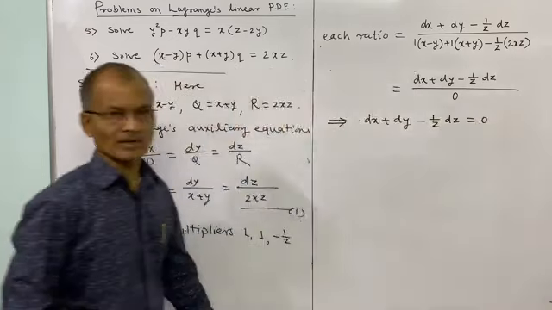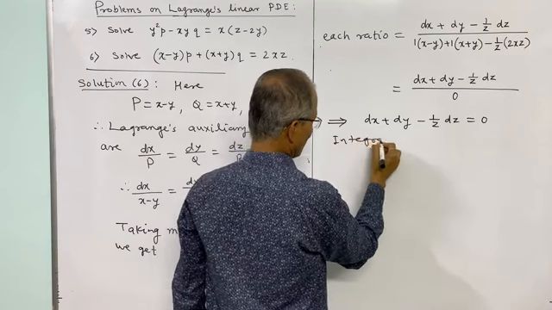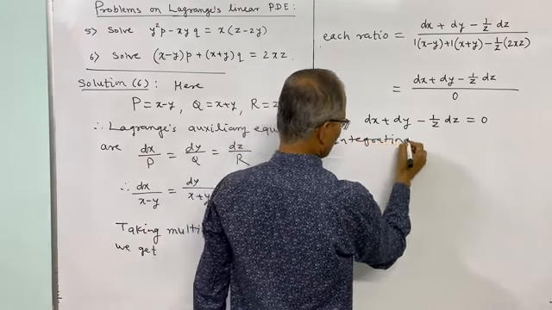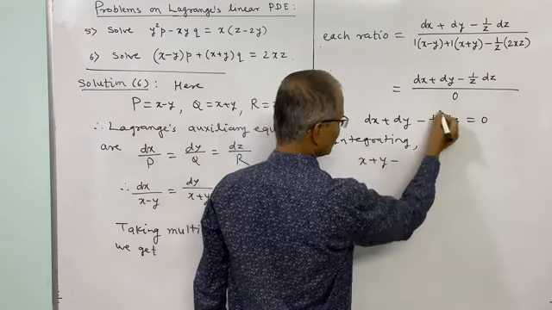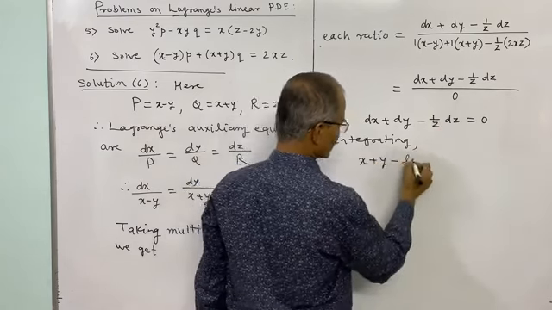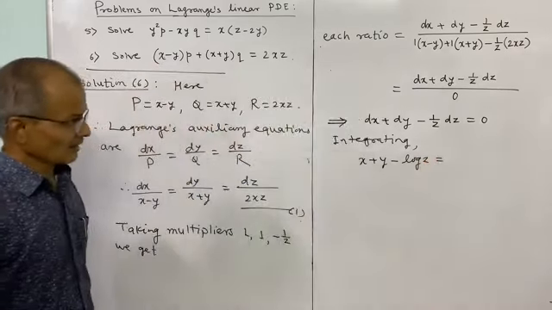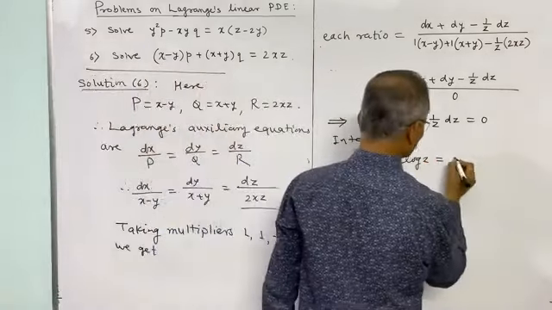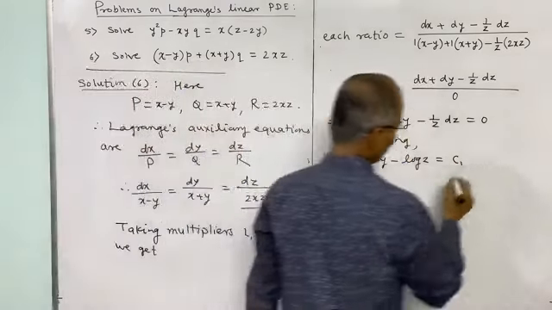Now this is integrable. So integrating, what we get is x plus y minus integration of 1 by z dz, which is log z, equal to say c1, and thus this is our first solution.